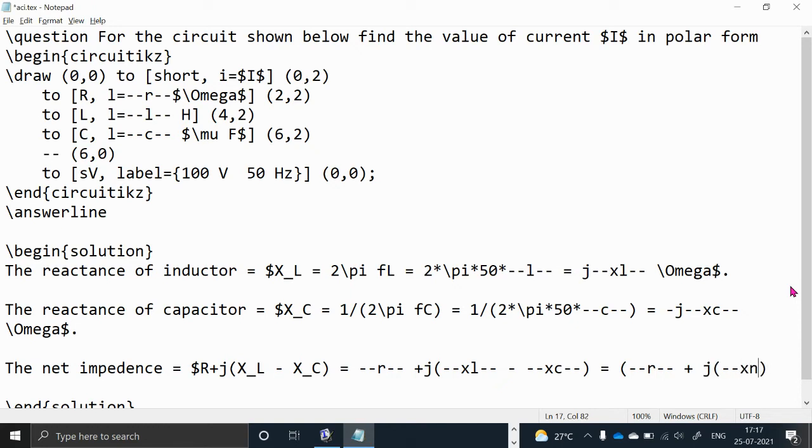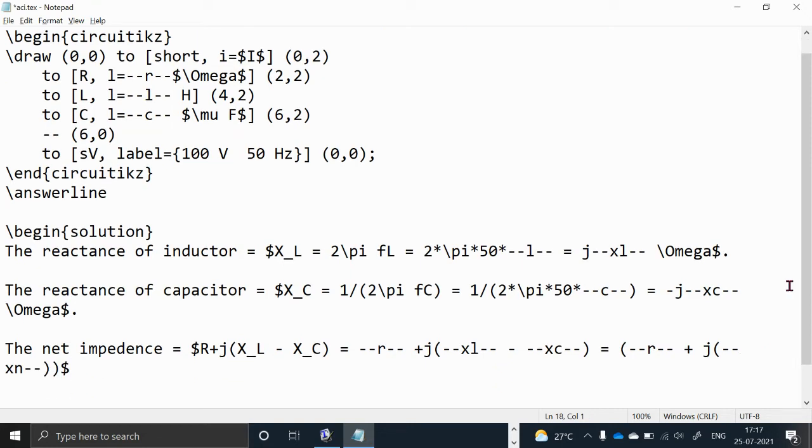Sometimes this XN will be negative, so j into XN. So that is the impedance I got in this one.